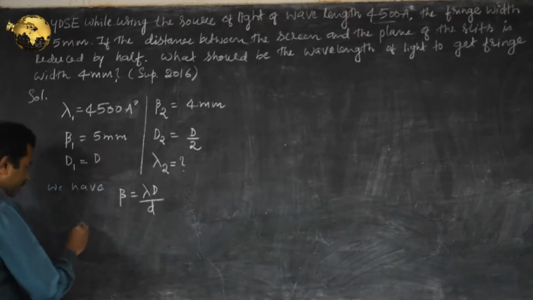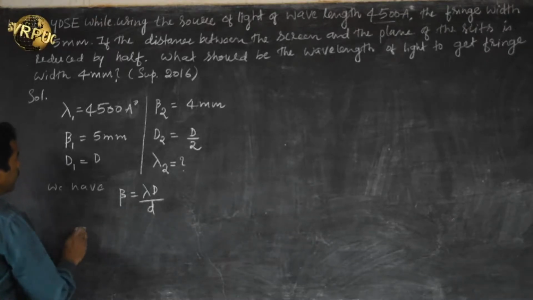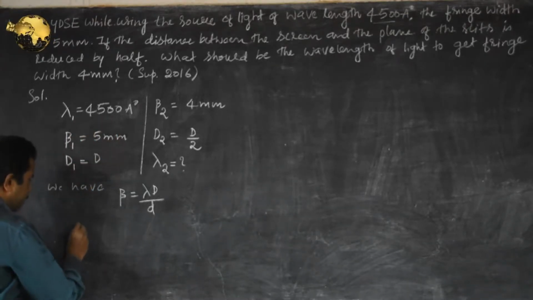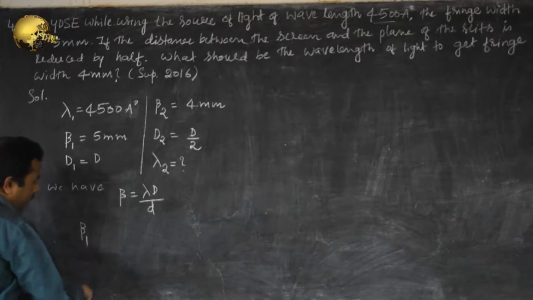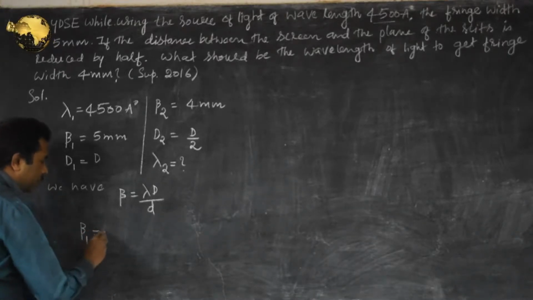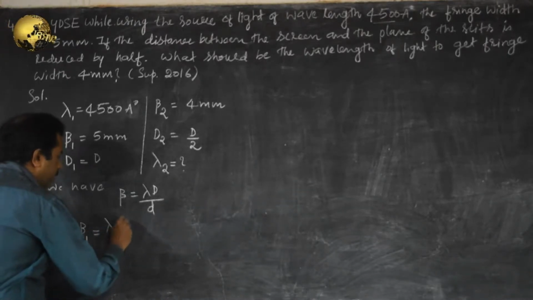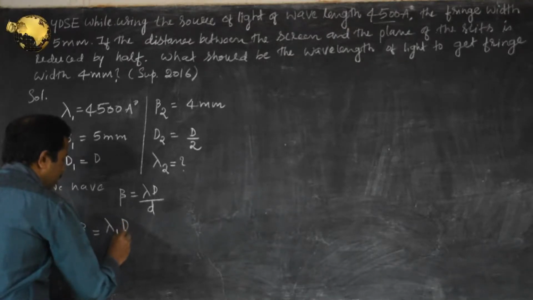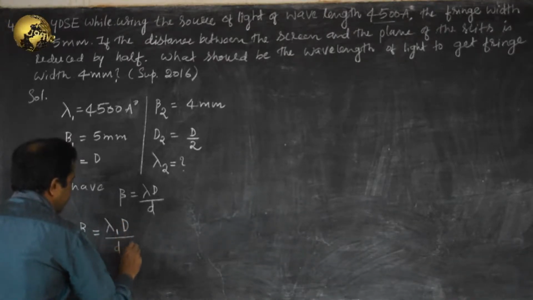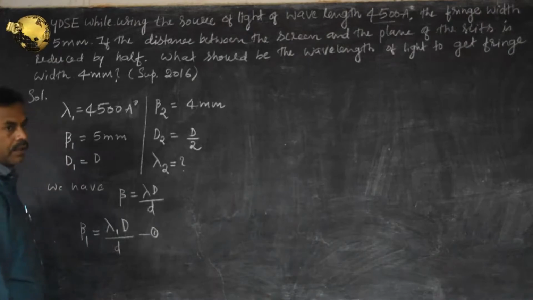So in the first case, for the wavelength of 4500, that will be taken as beta 1. Beta 1 is equal to lambda 1 into D divided by d. So this is equation 1.